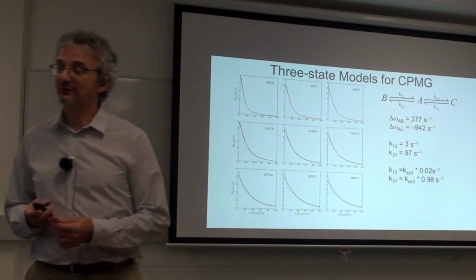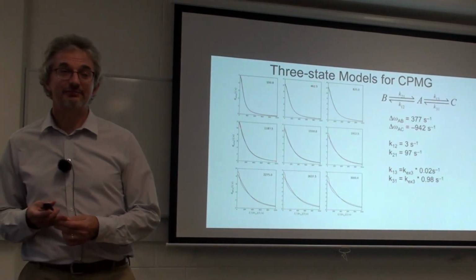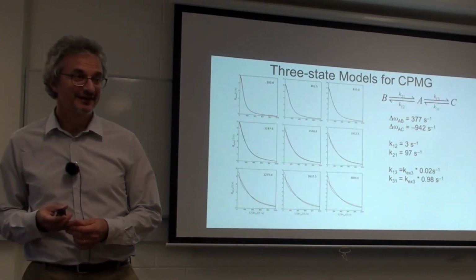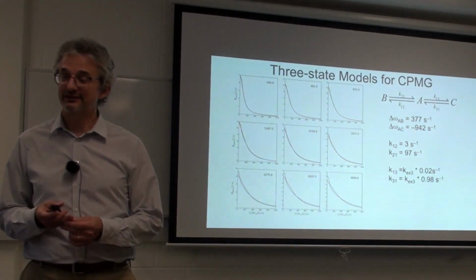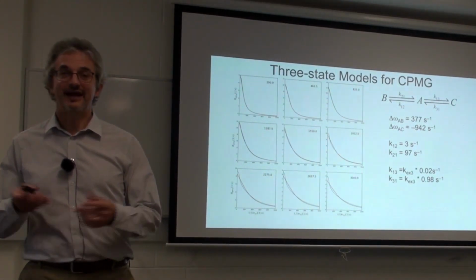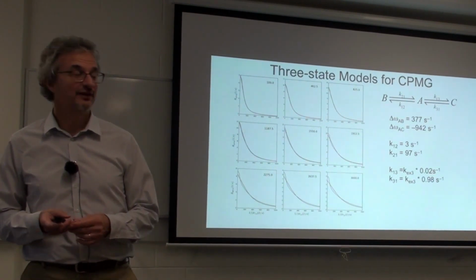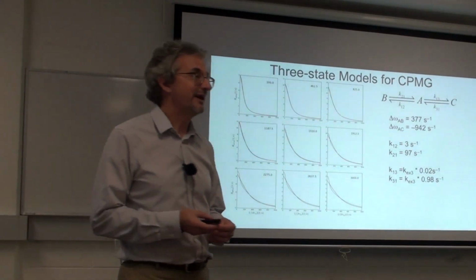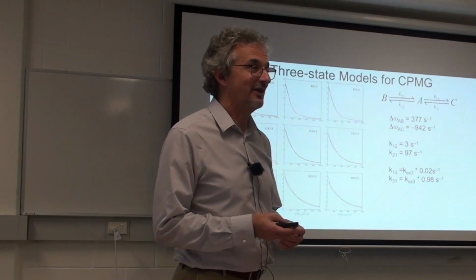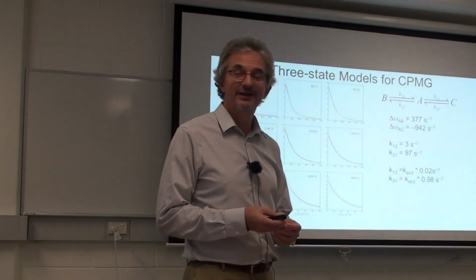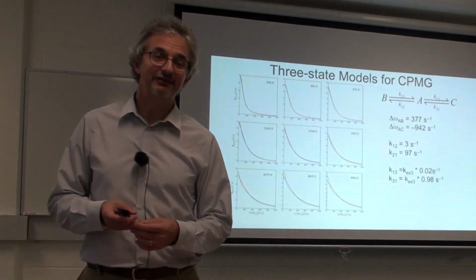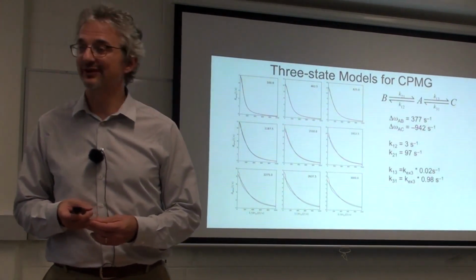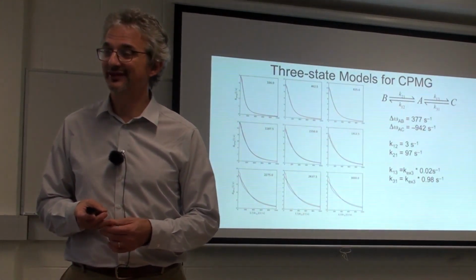So we have a resonance in the NMR spectrum. We're measuring relaxation dispersion on that resonance. We think there's a second state. We analyze the dispersion curve. We get a value of delta omega, but we only know the absolute value. We don't know whether the minor species has a resonance position that's upfield or downfield of the resonance that we see.